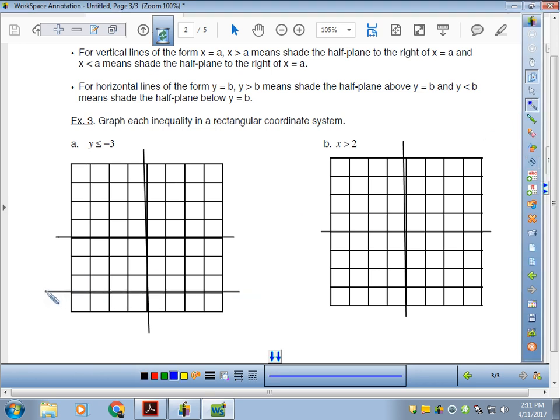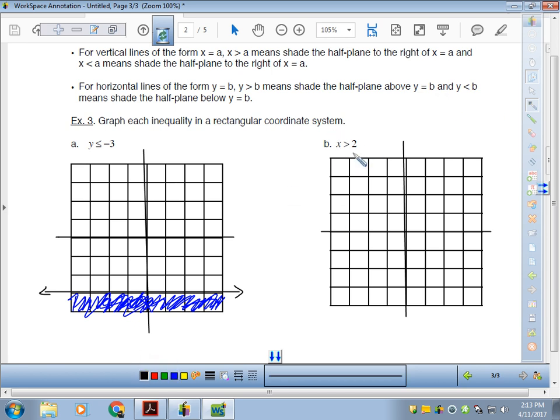And we'll put arrows on it to indicate that it keeps going. Now this says that y has to be less than that number, so that means we're going to shade below. So all of this area below here, all of that is our solution set. So vertical lines, horizontal lines, these are pretty easy to do. Same kind of thing over here.